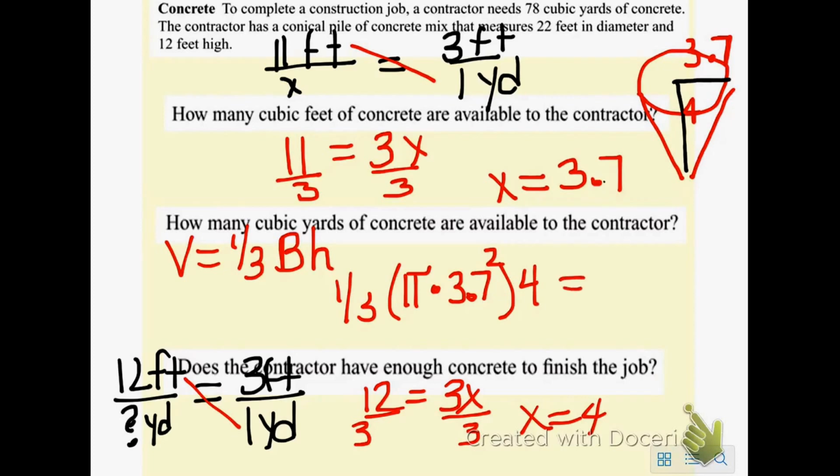So in my calculator I put 1/3 times pi times 3.7 squared times 4. And that tells me I have 57.3 cubic yards.